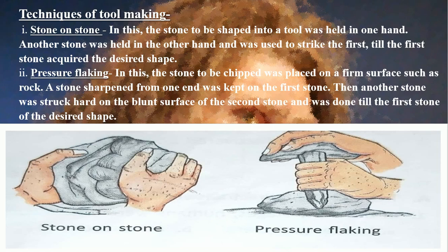So, stone on stone. Suppose we have two stones and I have to shape one of them. The stone which is to be shaped into a tool was held in one hand, and another stone was held in the other hand and was used to strike the first stone, till the first stone acquired the desired shape.